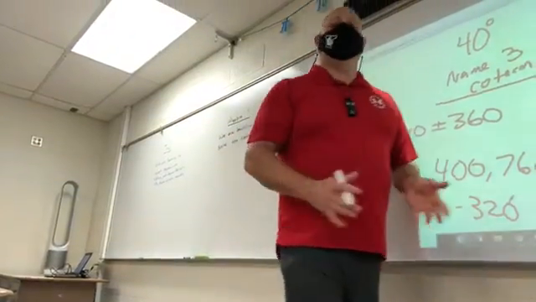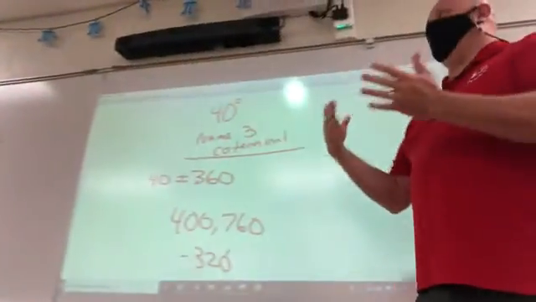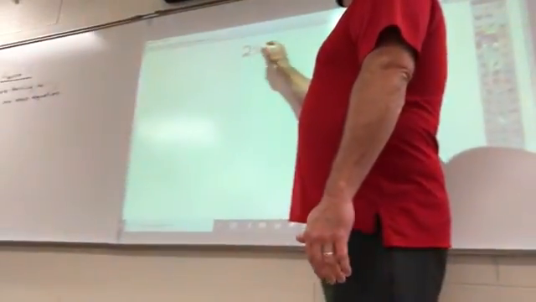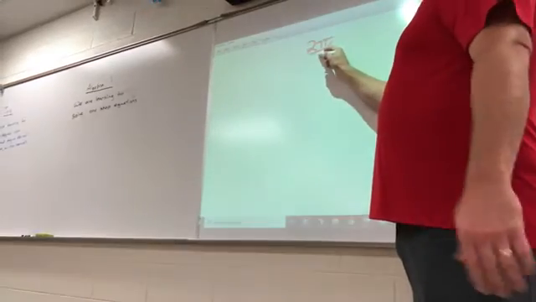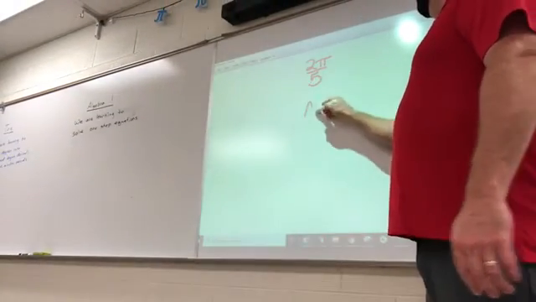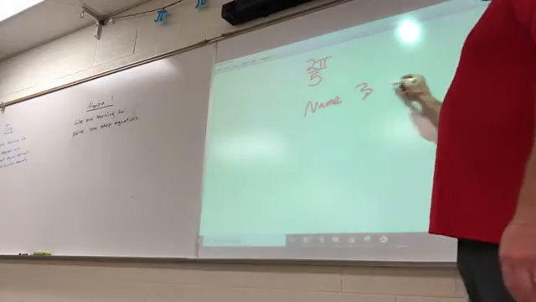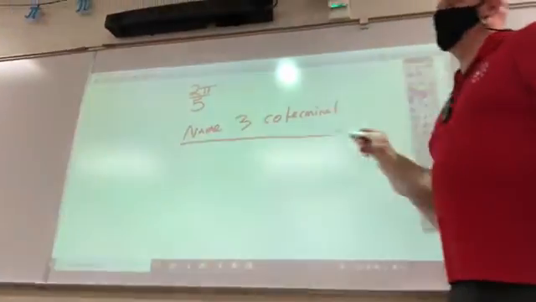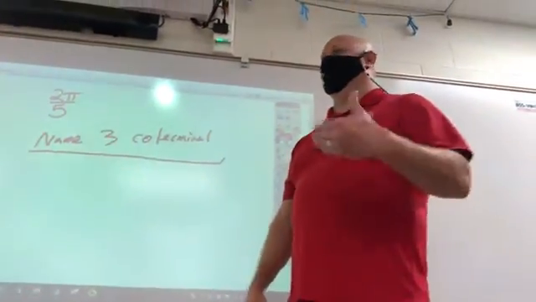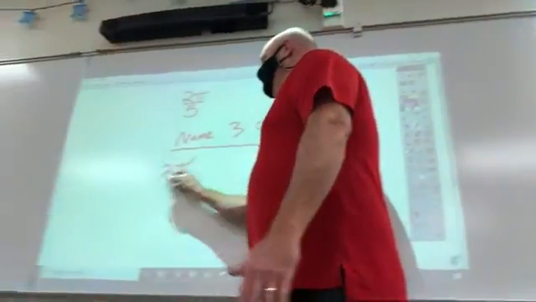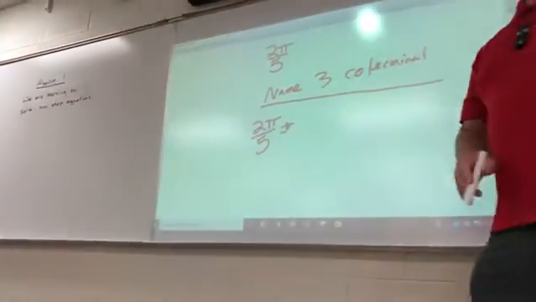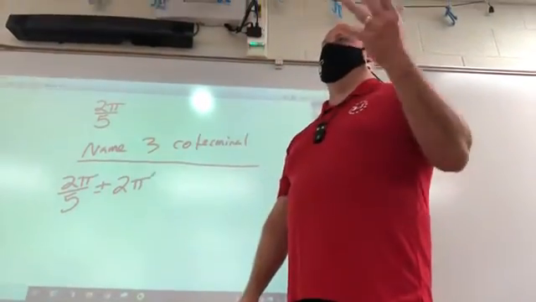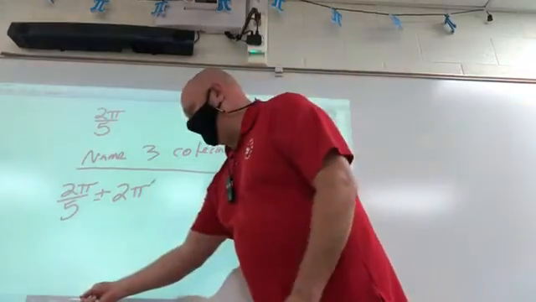Now, something we haven't really talked about yet, but since we now know how to do this, what if I gave you 2 pi over 5 and said name 3 coterminal angles? You're going to do it the same way, except you're going to add or subtract now what? 2 pi. Instead of adding 360, we're just adding 2 pi.